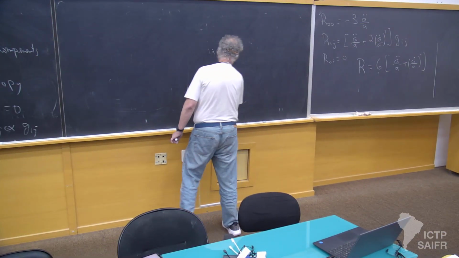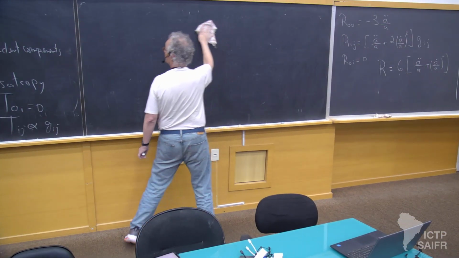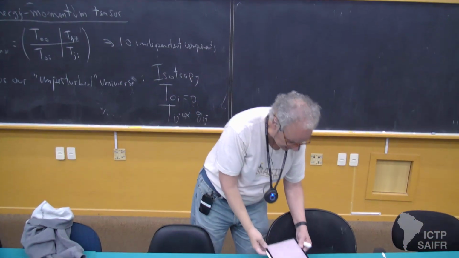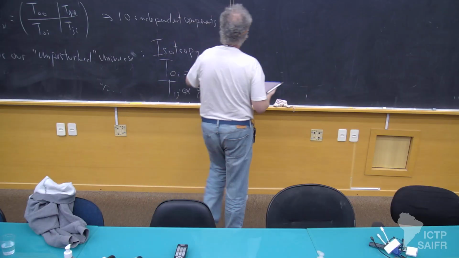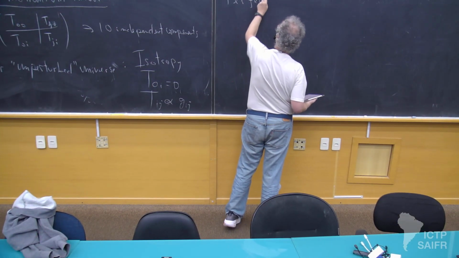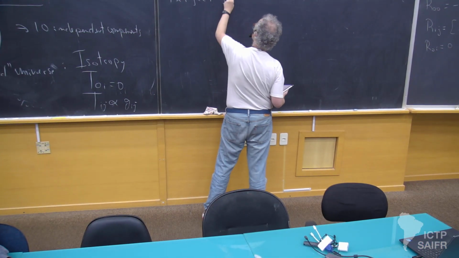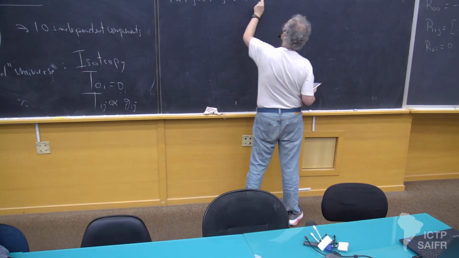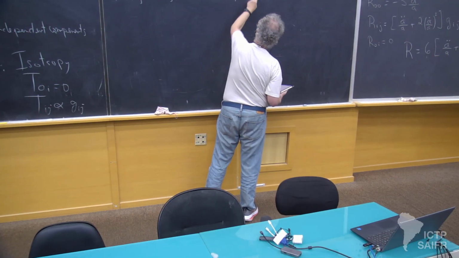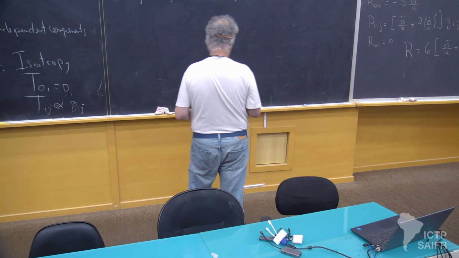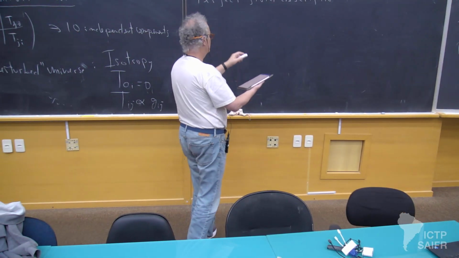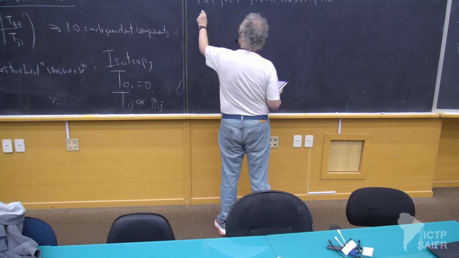And in the rest frame of this fluid, the energy momentum tensor is very easy to characterize. It's characterized by the energy density and the pressure. So what we do is to use a perfect fluid description, in which one has only, as a simplification, one fluid that's homogeneous and isotropic.